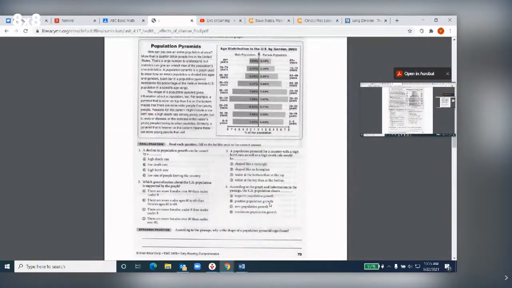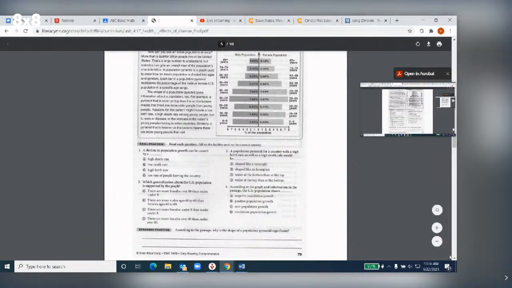So that means basically people are populating our country. And according to the passage, why is the shape of the population pyramid significant? It says the shape of the population pyramid gives information about a population. So this basically gives you information, all the age brackets, as well as male and female population.